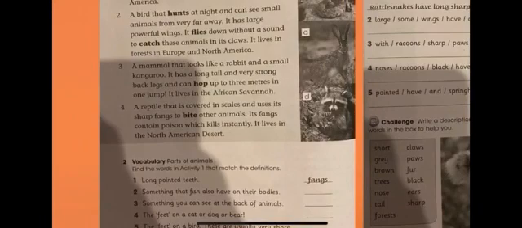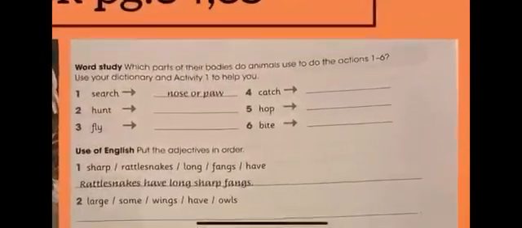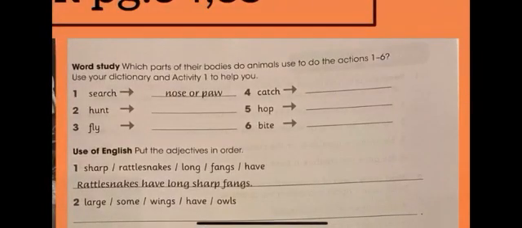Now coming to the next page, which is word study. Which part of their bodies do animals use to do the actions? 1 to 6. Use your dictionary and activity 1 to help you. There are different parts of the body written over here, and different actions, and you have to write the body parts that animals use for these actions.